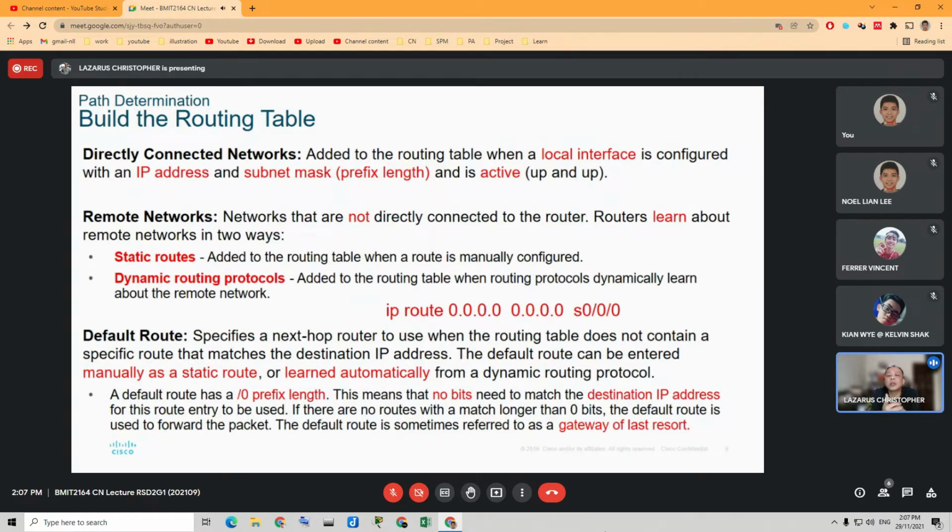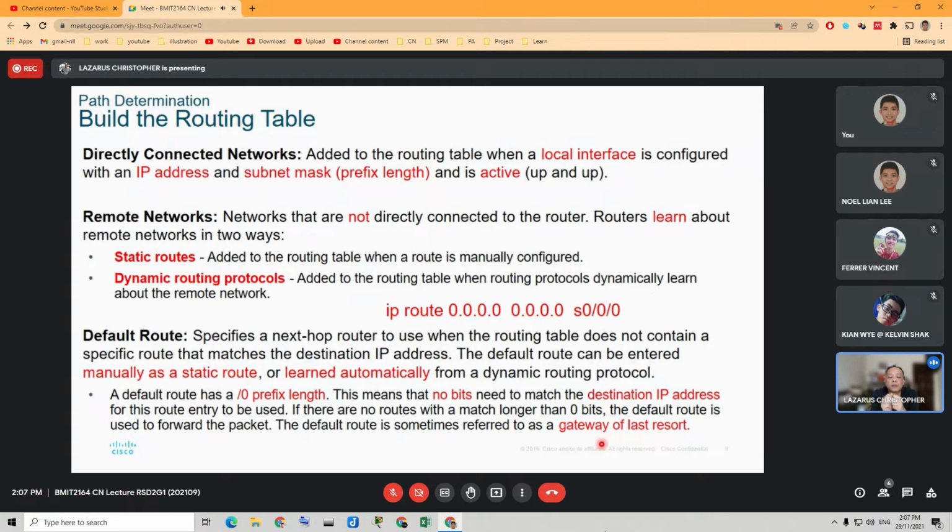And then the default route is used if all else fails and the router cannot match any entry. This is the default route, sometimes known as the gateway of last resort. Last resort means after everything the router did to match, it cannot match. There's one last option, which is to send it to the gateway of last resort, the default route.